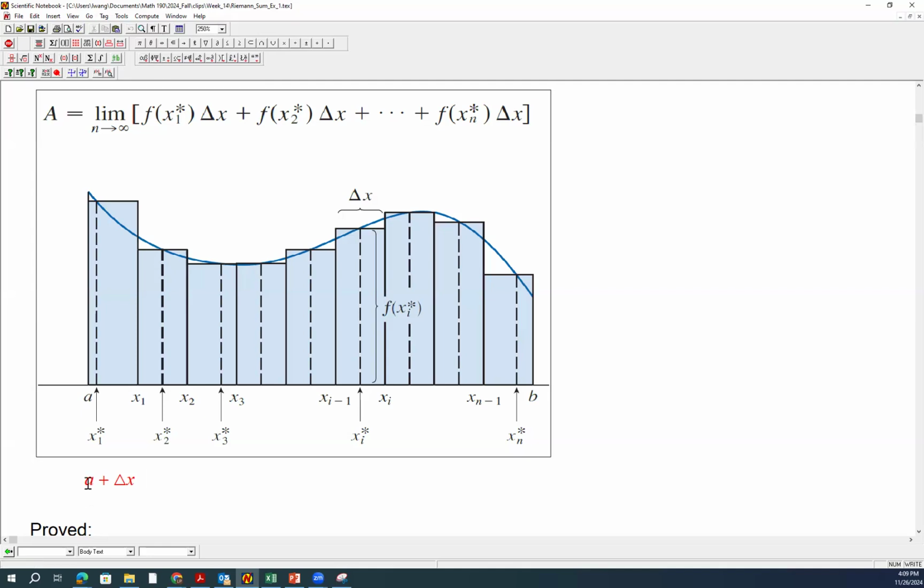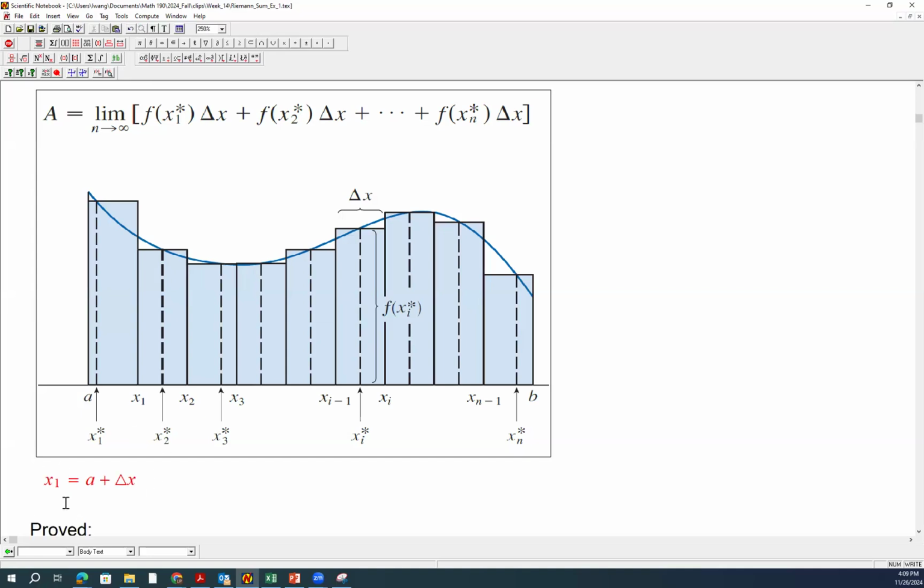That's x1, and we did this in class. Follow me: x sub 1 is equal to a plus delta x. Did I delete anything? Okay, all right.